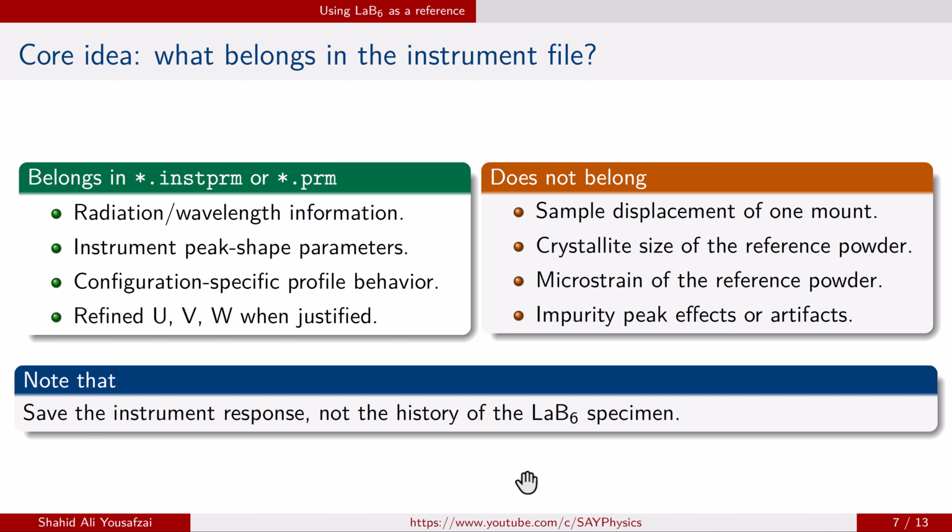For example, sample displacement, crystallite size, microstrain, impurity peaks, or artifacts should not be saved as if they were instrument properties. The central principle is simple. We want to save the instrument response, not the history or imperfections of one reference specimen.